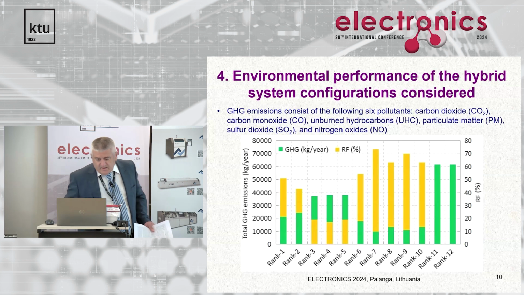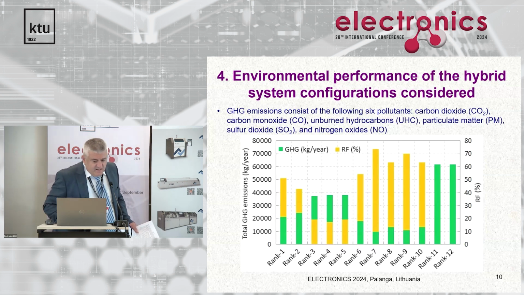On this slide, we can see the environmental performance of the hybrid system configurations considered. Each of them is marked by ranks from 1 to 12. You can see the total emissions of greenhouse gases in kilograms per year, and also this fraction in percent on the right side of this diagram.